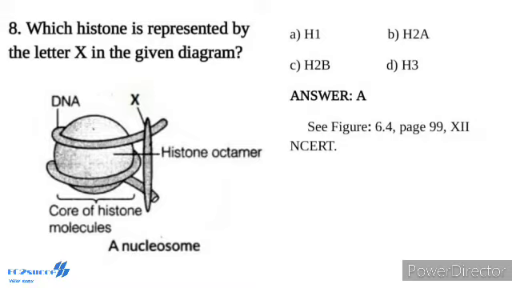Histones are organized to form a unit of 8 molecules called histone octamer. The negatively charged DNA is wrapped around the positively charged histone octamer to form a structure called nucleosome. A typical nucleosome contains 200 base pairs of DNA helix.